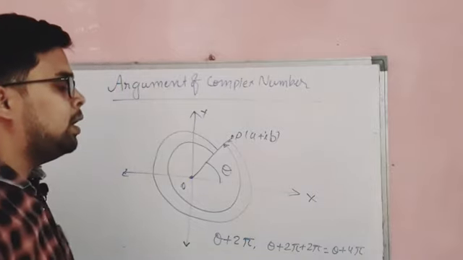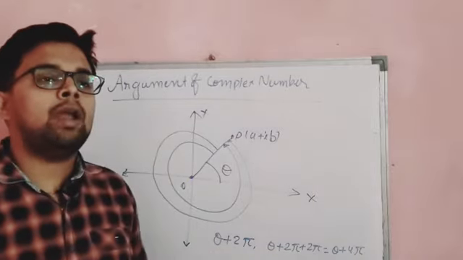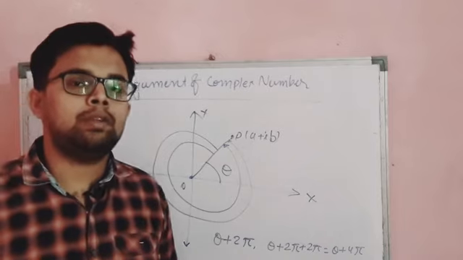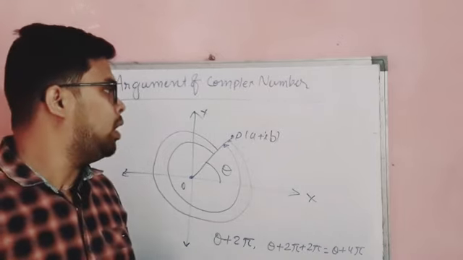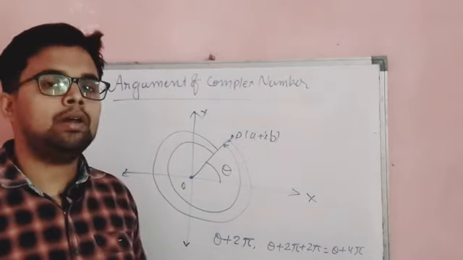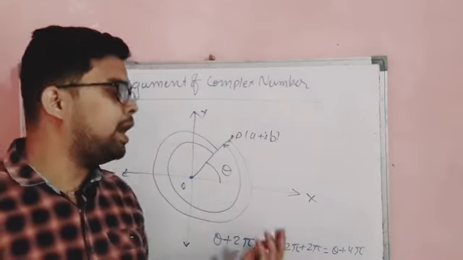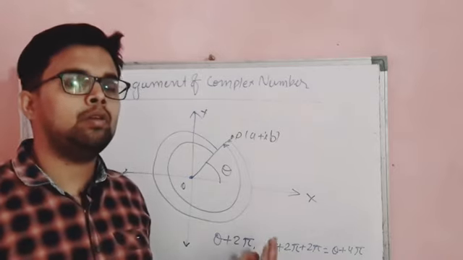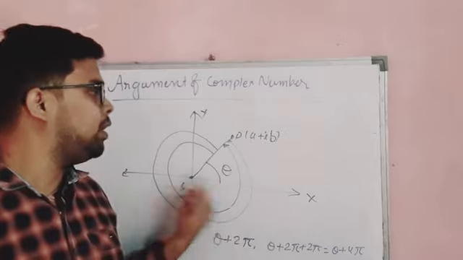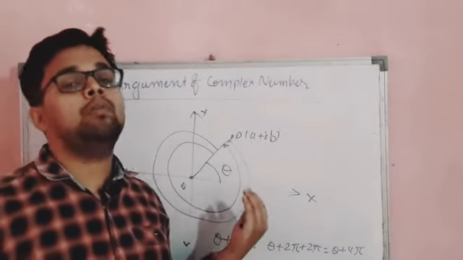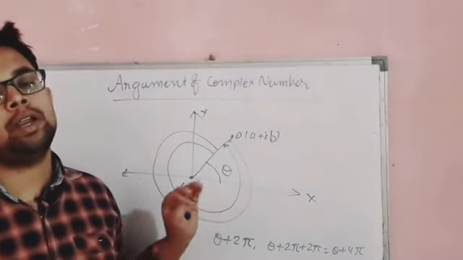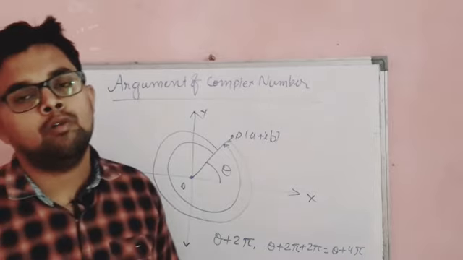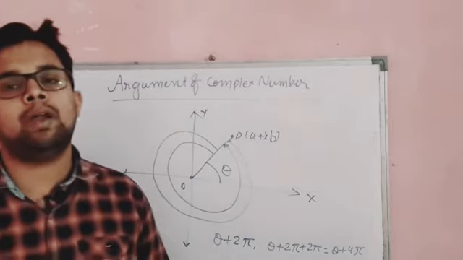So the problem is what value should be taken as the principal value of theta, because we will get infinitely many values of theta, since OP can complete infinite rounds and make infinite angles from the positive x-axis.